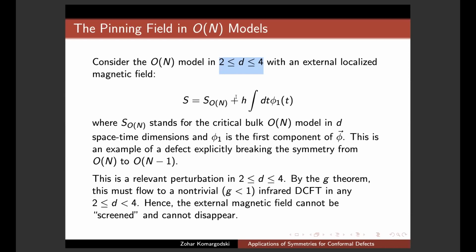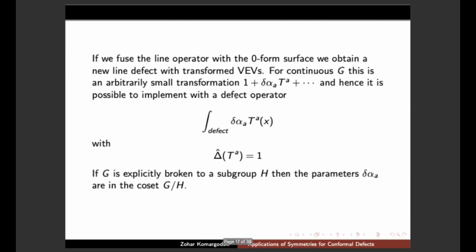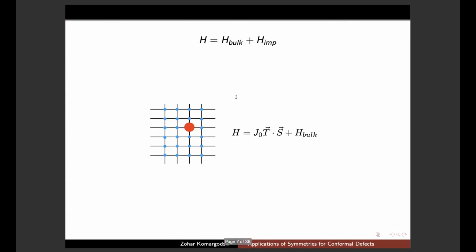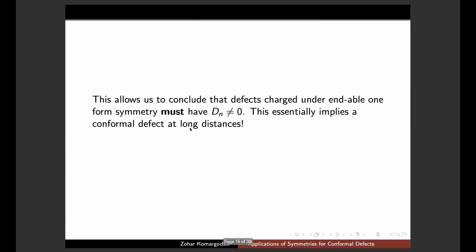So there is a question of what happens when you put an external magnetic field, but instead of putting it throughout the magnet, you put it at one lattice site. So the red blob from before doesn't actually have to represent the new degrees of freedom that couple to the other lattice sites. It could also represent turning on some external field at one lattice point or a few lattice points. It doesn't matter.